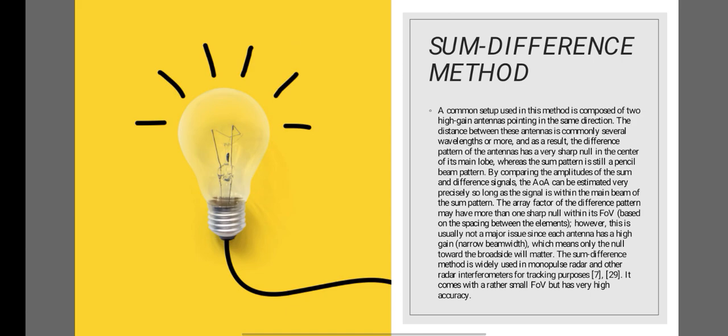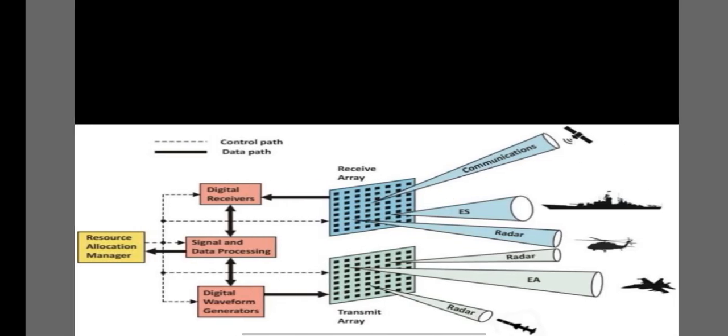We can see a few diagrams in the next PPT, where the digital receivers, signal and data processing, and digital waveform generators were placed in a certain column, whereas in the transmit array we can see where the communication, receiving and transmitting, is done through this transmit array. Here the source of it was the resource allocation manager.